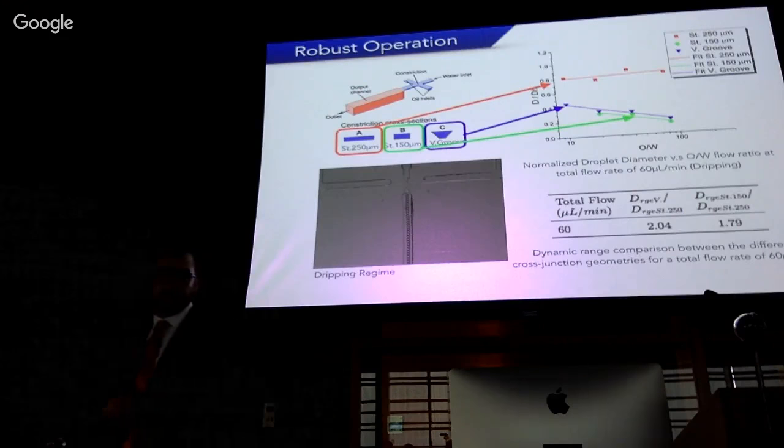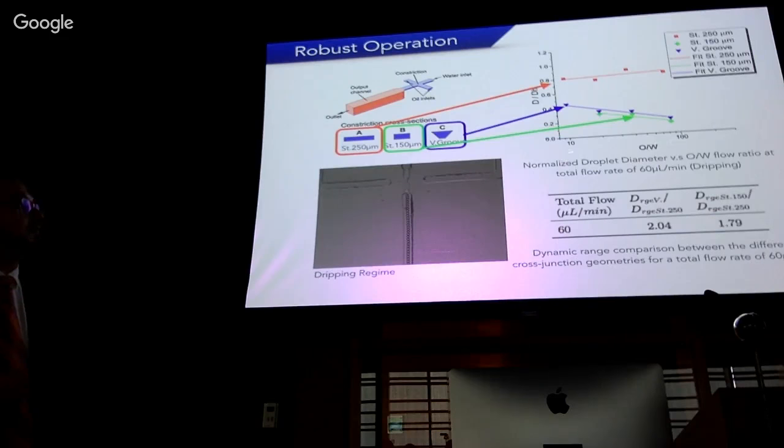In fact, when we plot the droplet diameter against oil and water flow rates, we see that for these two geometries, there is a clear relationship between the oil and water flow rate ratio and the size of the droplets. The larger this ratio, the smaller the droplets. But for this one, we almost have a straight line, which is actually very beneficial.